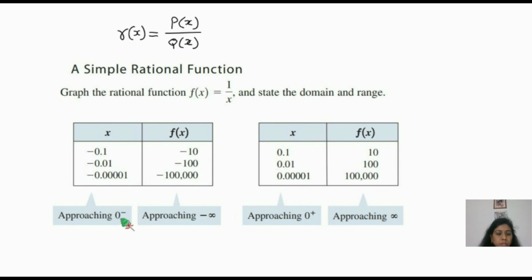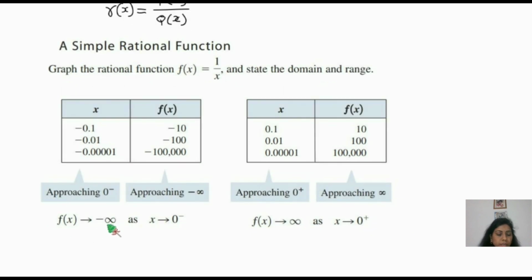Approaching 0 from the left side, f(x) approaches negative infinity. Approaching 0 from the right side, f(x) approaches positive infinity. So we can say that f(x) tends to negative infinity as x tends to 0 from the left side, and f(x) tends to positive infinity as x tends to 0 from the right side.